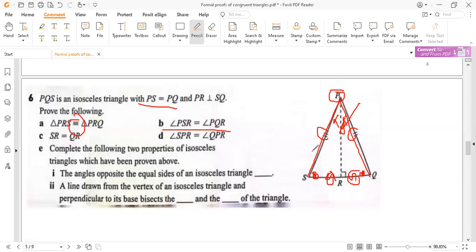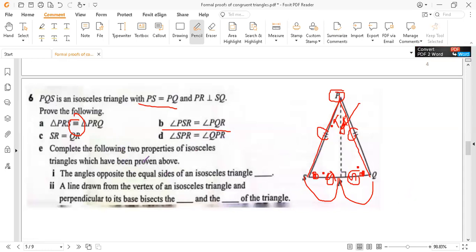Why are these two angles equal? Because we are in an isosceles triangle, so the angles of the base are equal. SR equals QR. As I said before, the altitude is at the same time the bisector and the median. And angles SPR and QPR are equal because of the bisector. Good.